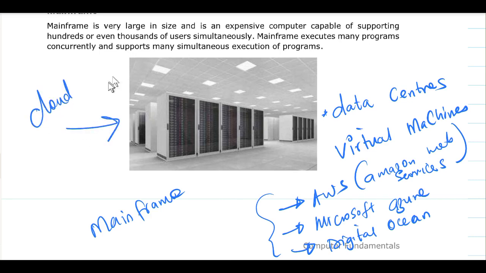These computers are hosted somewhere, but if someone wants to buy some virtual machine or virtual computer, they will go to the seller, which might be any of the ones that have been listed here, and they can get their own computer and store their data in the cloud. That is the idea where we are saying that this kind of computer that allows thousands or millions of users to access computing independently is called a mainframe computer.